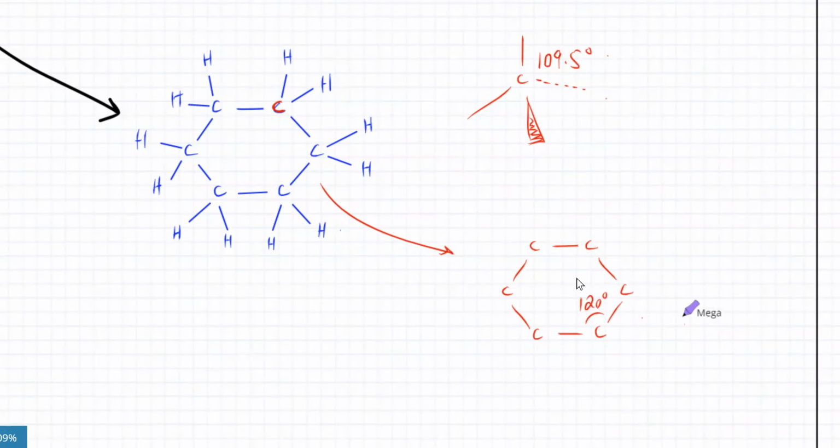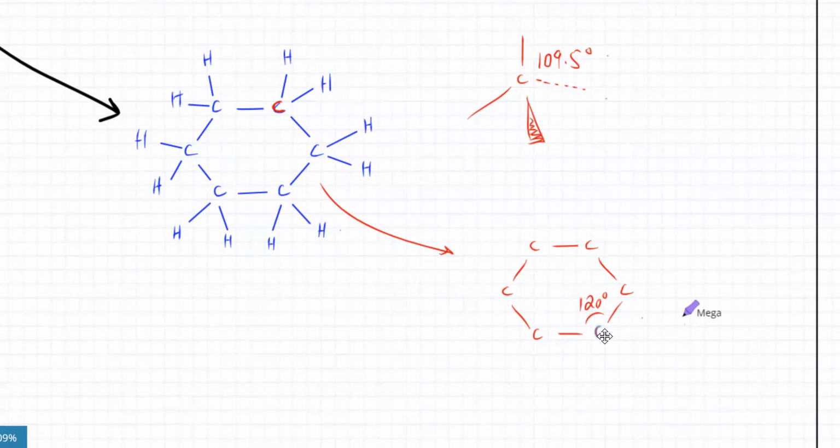An equilateral triangle has all angles of 60 degrees. So if it's a regular hexagon, all the angles are going to be 120 degrees. But since every carbon atom is tetrahedral, it's impossible to keep all the carbon atoms at 120 degrees. The angle has to be 109.5.